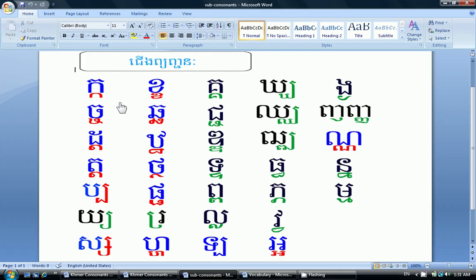Also, when we say a subconsonant, we add the word jung, a leg, in front of it, so we know we're talking about the subconsonant, not the consonant. At this level, I just want you to recognize the subconsonants, not necessarily to read words with subconsonants yet. Let's say them together.